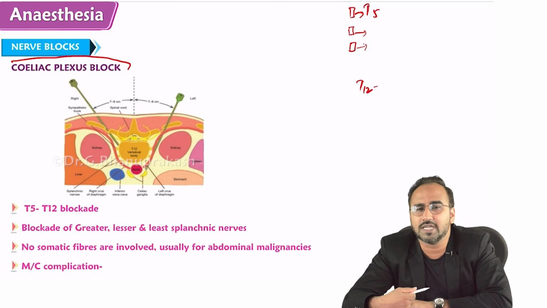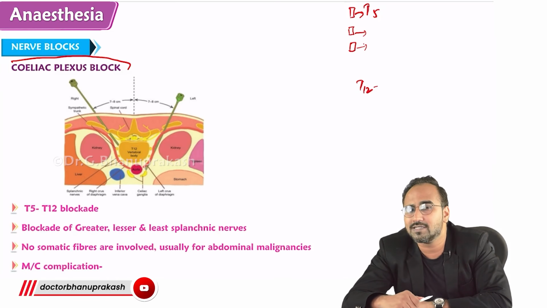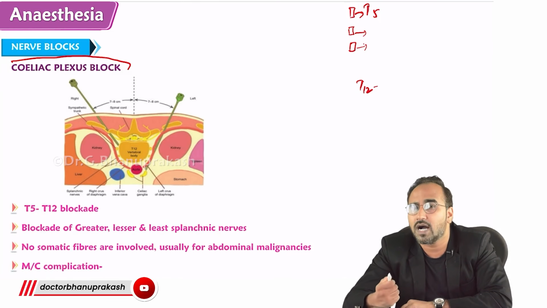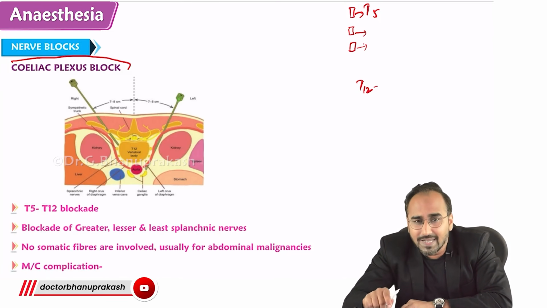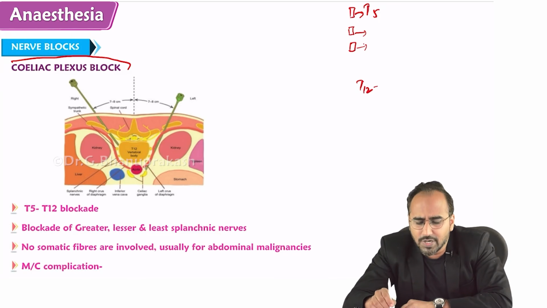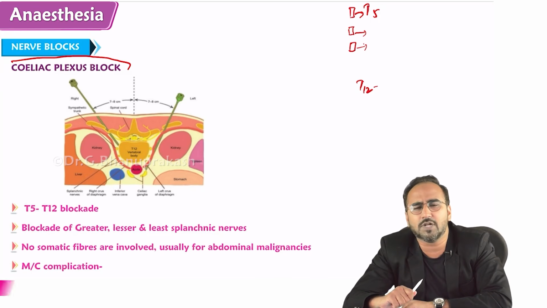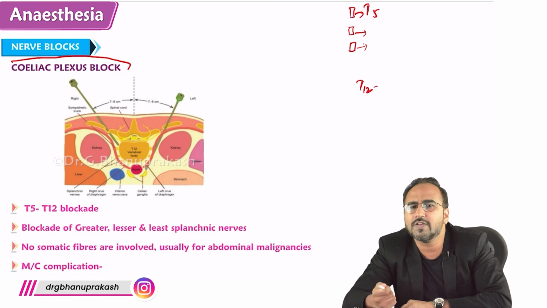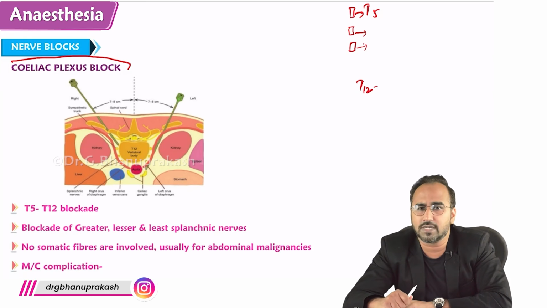As you insert the needle, what can happen, guys? There are some major blood vessels such as the inferior vena cava and abdominal aorta. Your needle might damage the inferior vena cava or abdominal aorta. The moment your needle damages them, will the patient tell you that my inferior vena cava is gone or abdominal aorta is gone?